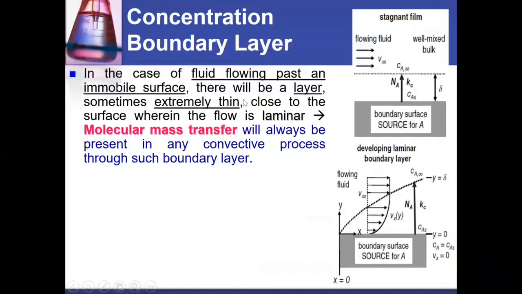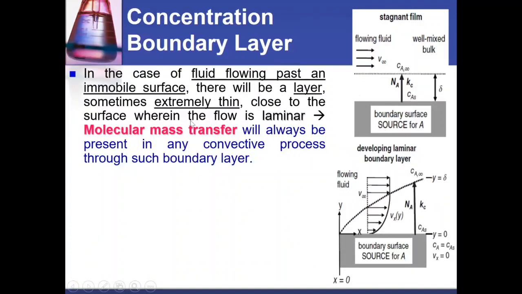This boundary layer will always exist, but under certain conditions, basically when you have very high velocity for the fluid, it will be very thin. It can be extremely thin, near to non-existent, depending on the fluid flow above the surface.